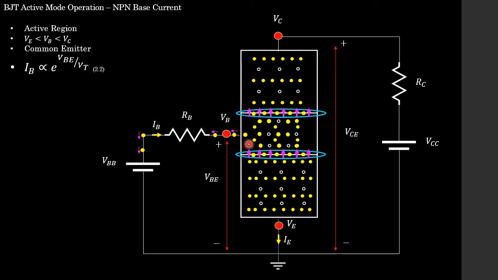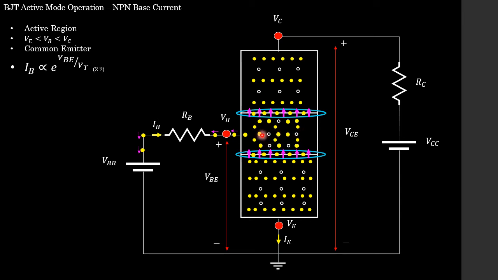And what happens when we have free electrons and holes? Well, we see some electron-hole recombination taking place. Yes, so that's why you see some of the holes that were available on the previous slide, they've now been covered up because electrons have moved into the base region and they've recombined with these holes.